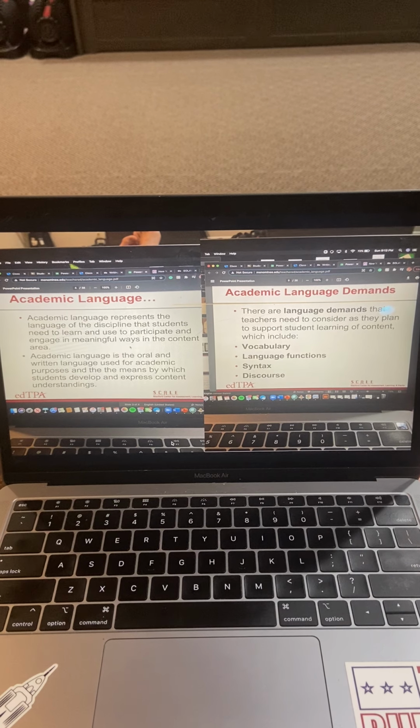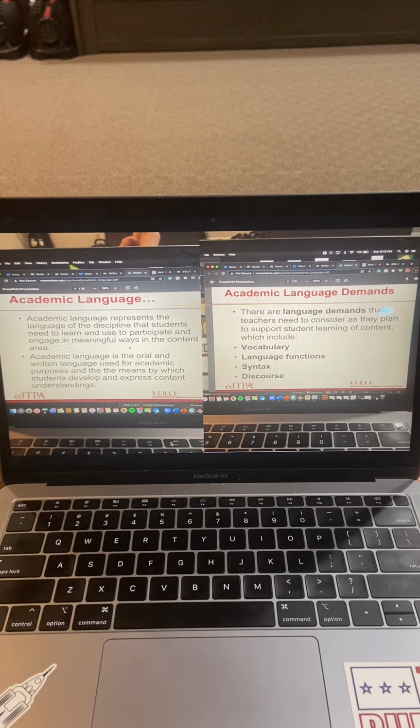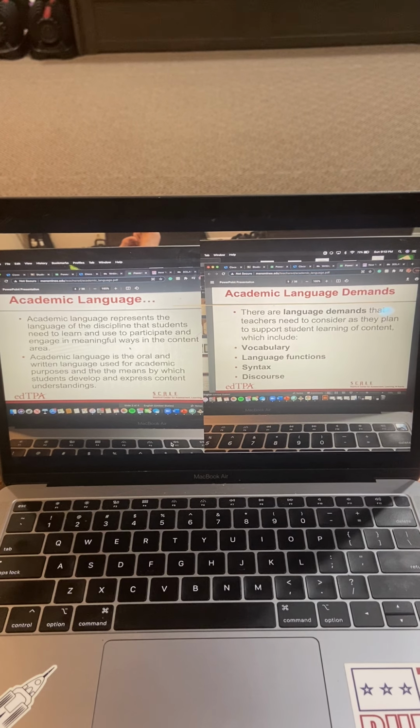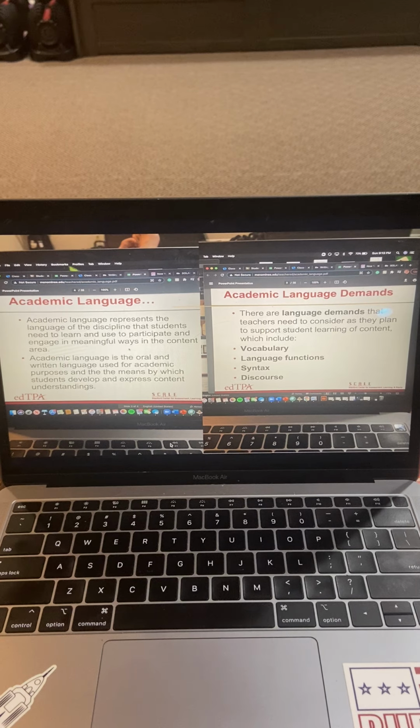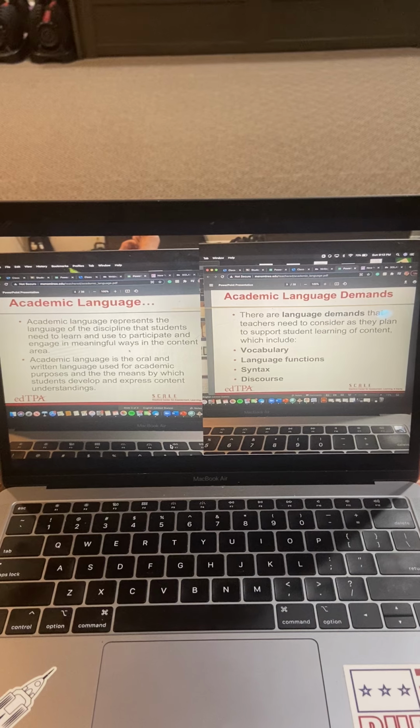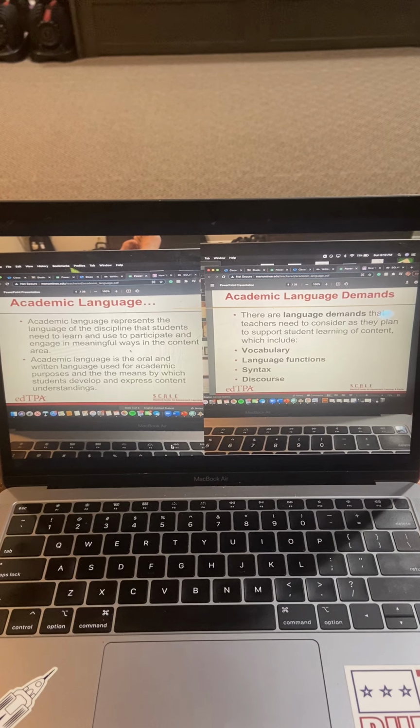So specifically for the vocabulary, I had to realize that I needed to post and write down all of the subject-specific vocabulary on my lesson plan, and also then utilize that and show it during my lesson.